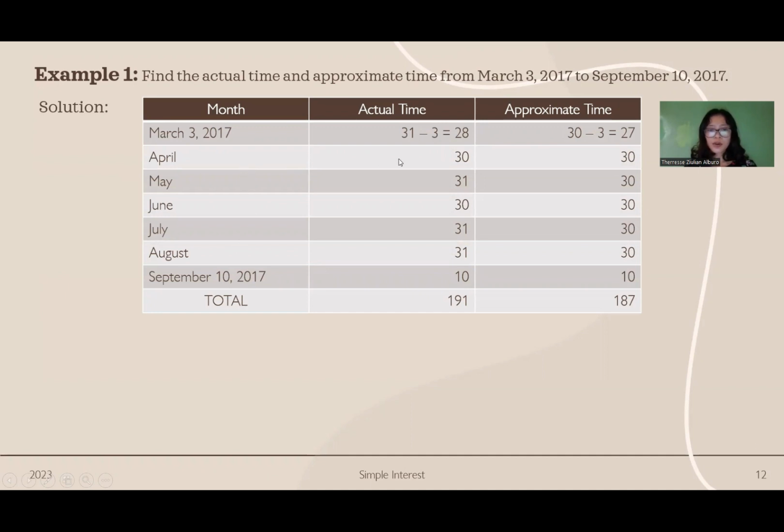Then we use table 7.1 for April to August, and add the 10 days of September. For approximate time, it is the same, using 30 days per month and subtracting 3, giving 27. All in all, the answer is 187.